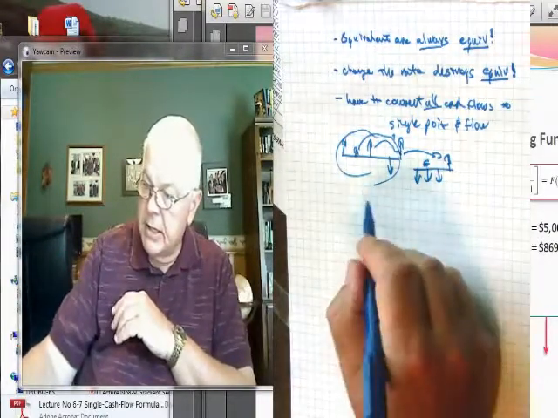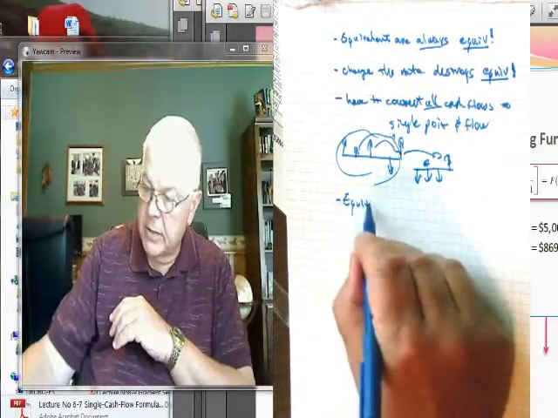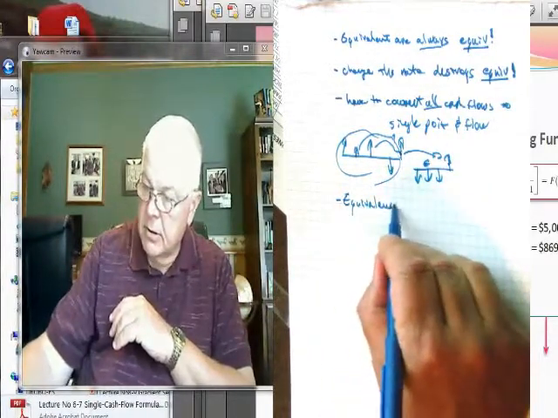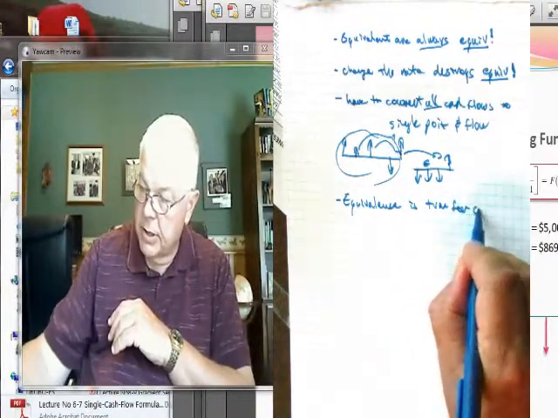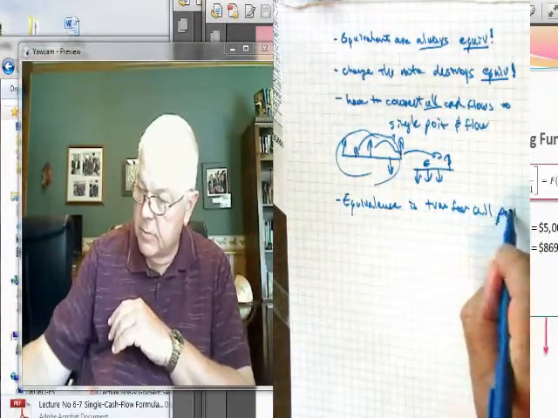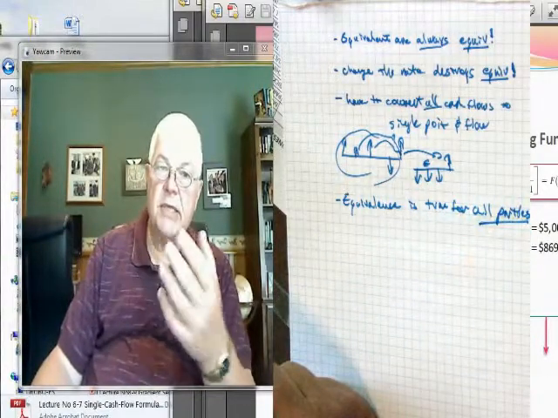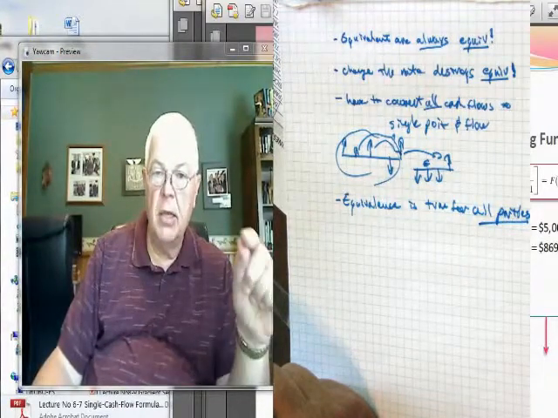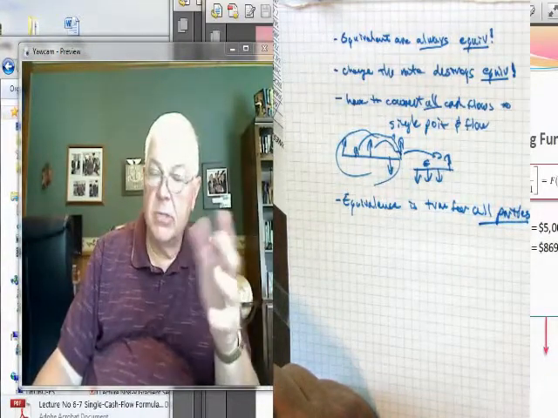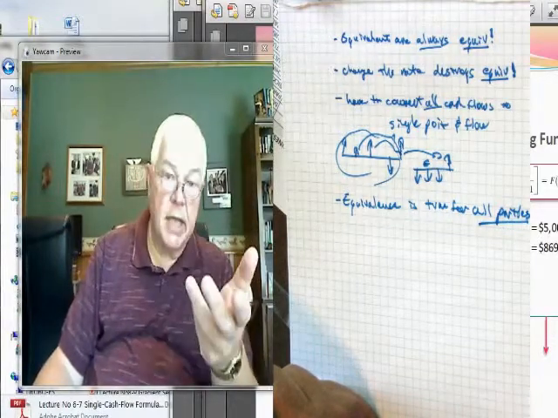Other thing is equivalence is true for all parties. So in other words, if I have a lending transaction equivalent, it's equivalent whether I'm loaning the money or borrowing the money. Doesn't matter. One will be plus, cash to me, the other will be minus cash from me.